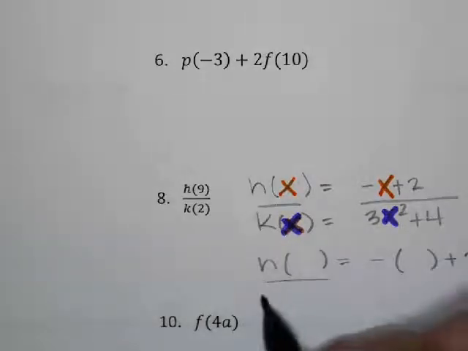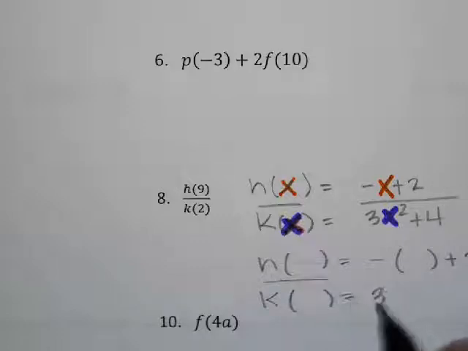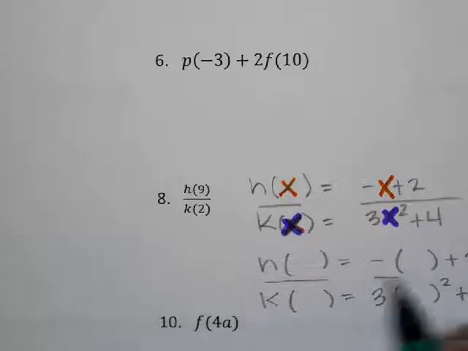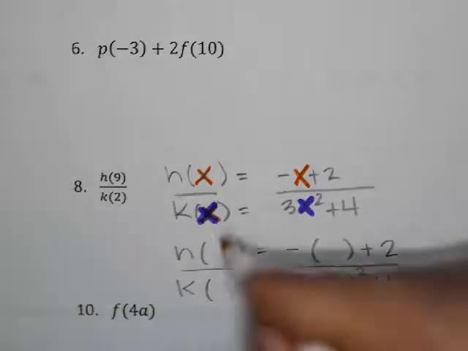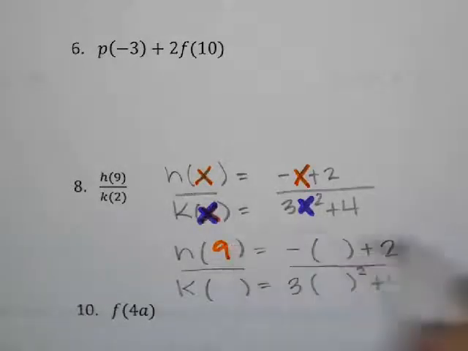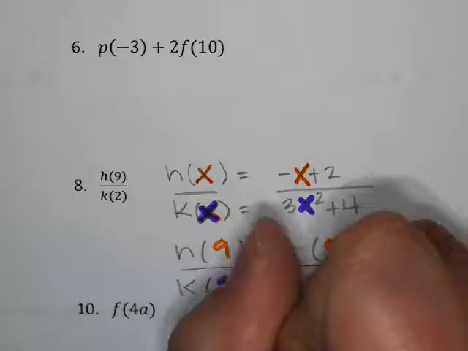And then for the k, they're going to tell me to plug in a 2. So I'm going to say 3 times a 2 squared plus 4. And I'm still just leaving that as a fraction. So for the h, plugging in 9, and for the k, plugging in 2.